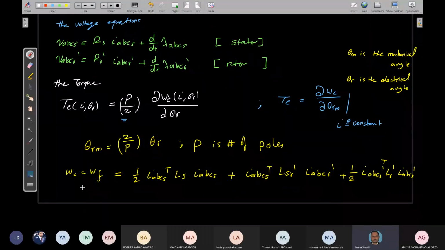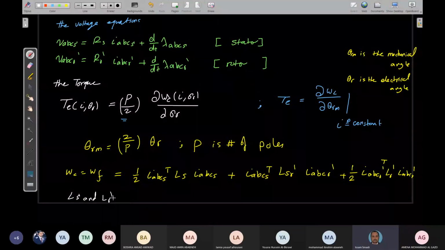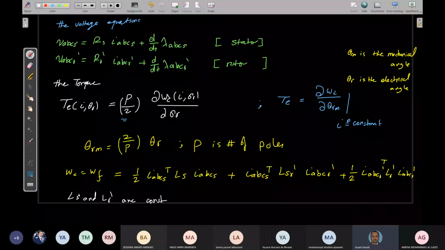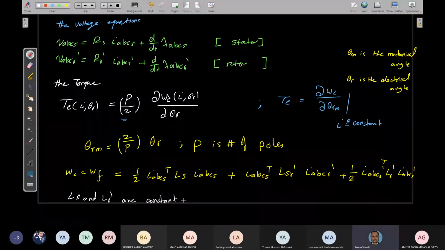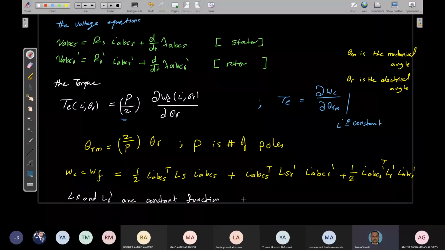Also, if you recall, we stated that L_S and L_R dash are constant, a function of geometry, correct?